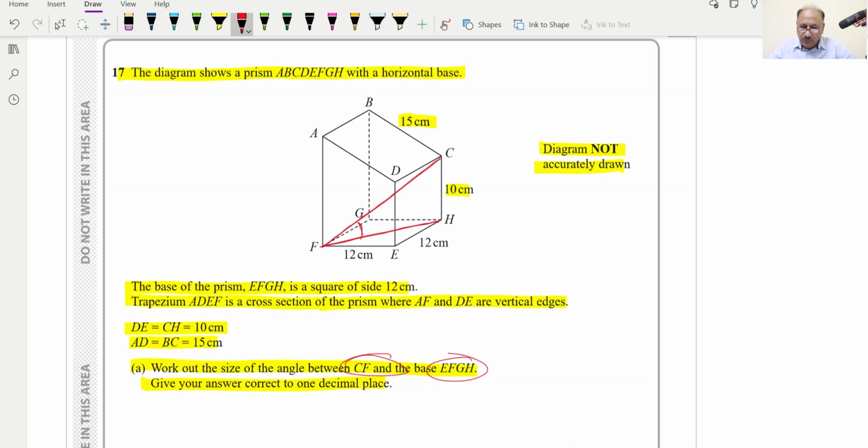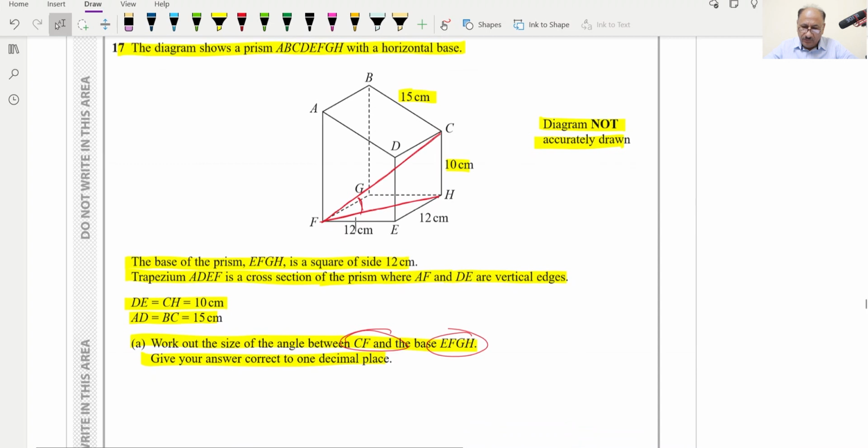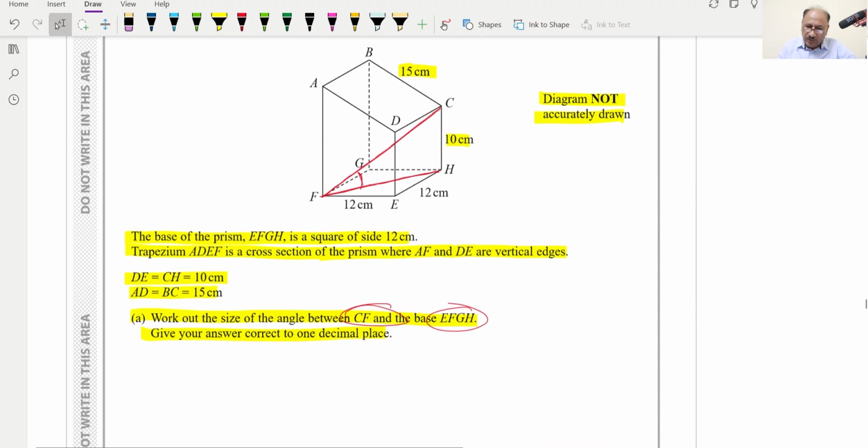Now what we will do, we will have to find FH so that we can go ahead to find the angle. So FH, we can apply Pythagoras theorem because this is the right angle triangle. We are applying Pythagoras theorem on this triangle. I will shade for you. We are applying Pythagoras theorem on this triangle.